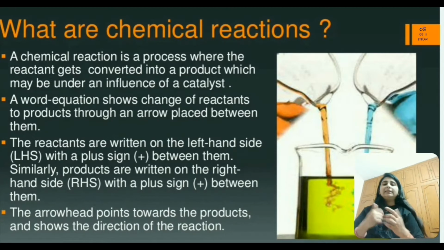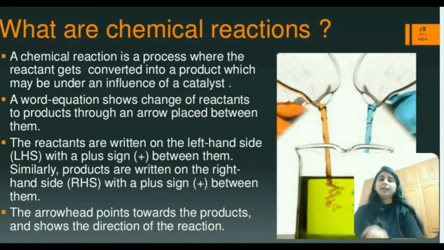So what scientists did is, initially they started off by using word equations, but when they realized that it takes a lot of time, they started using these symbols, and all the different elements have got specific symbols so that there is no confusion.